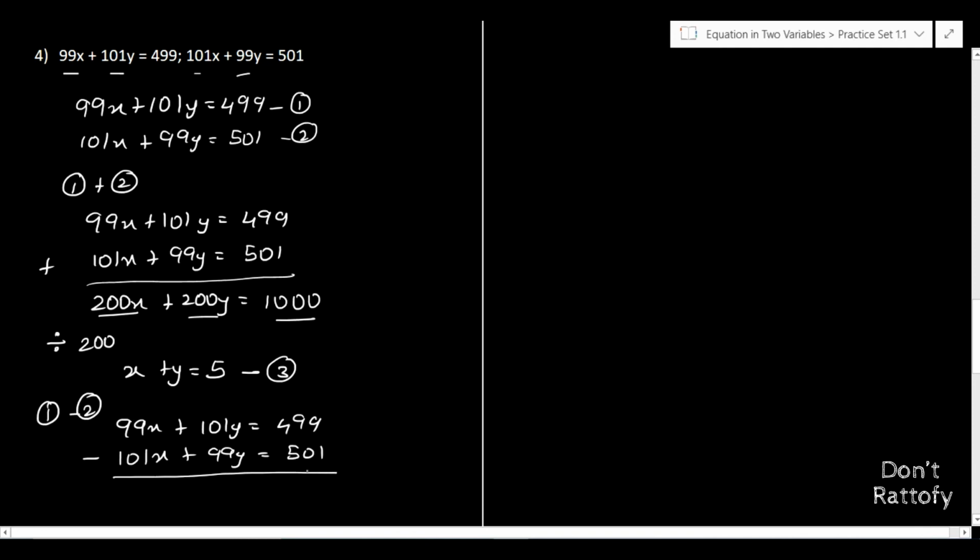If I solve so, I will get, see, 99 minus 101 is what? 2. The difference is 2. Now as we are going to do subtraction, the signs will change, minus, minus and minus. So I have minus 2x plus 2y is equal to, again here I have minus 2.